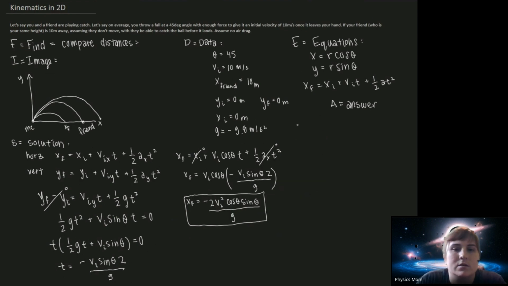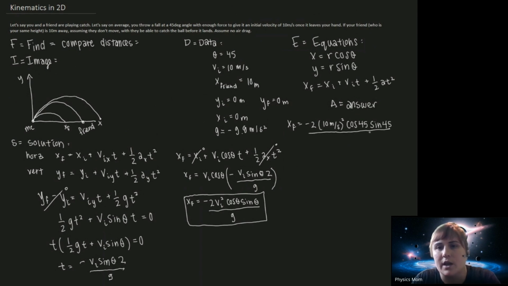So I'm going to have x final equal to -2 times my initial velocity, which was 10 meters per second, squared, times cosine 45 times the sine of 45, all divided by -9.8 meters per second squared.